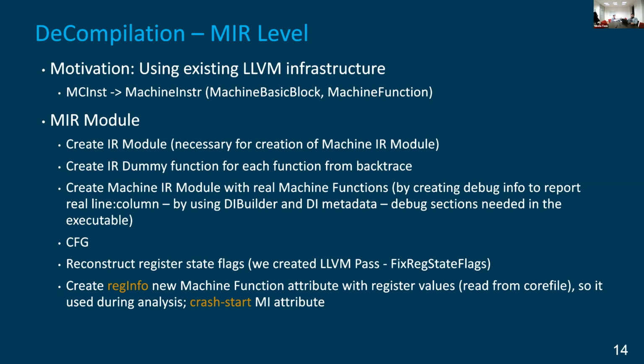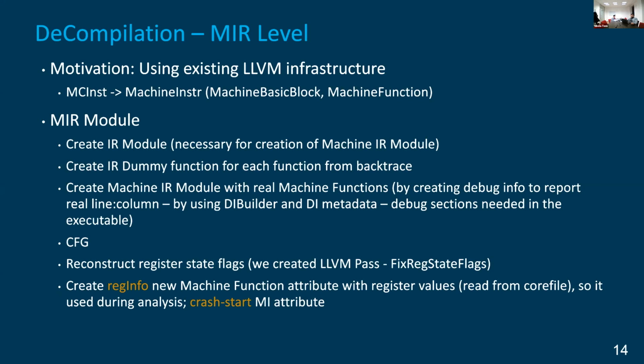So how does our decompiler actually work? It first translates the LLDB assembly instructions into LLVM's MC instructions, and then from those, it creates corresponding machine IR instructions along with machine IR basic blocks, machine functions, including all the attributes and so on. So the final outcome of this phase is a machine IR module containing all those functions from the backtrace.